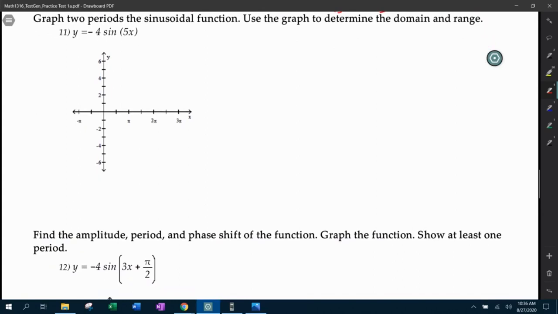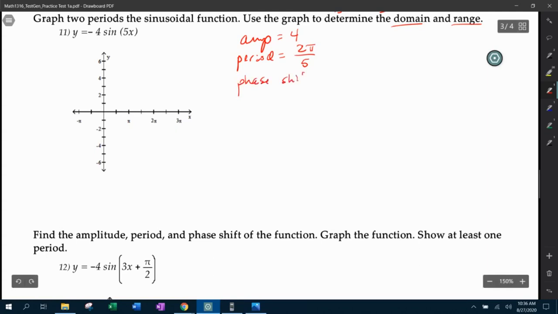Use the graph to determine the domain and range. All right, so we have a sine function we need to graph. And real quick, the first thing we need is the amplitude, which is going to be 4. The period is 2 pi over b, which in this case is 2 pi over 5.